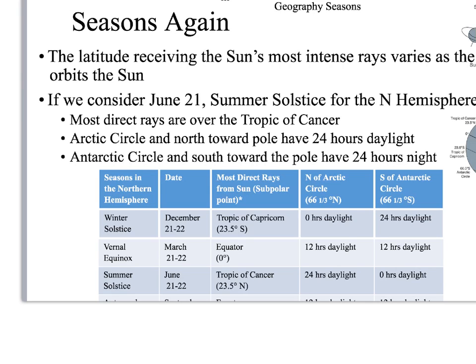So we have our winter solstice and our summer solstice 6 months apart, in December and June, and if you go anywhere between the 21st and 23rd, that would do it. Now the significance I also have on my sheet: for instance, during the winter solstice, if you are above the Arctic Circle, you're not going to have any daylight. In the summer solstice, you're going to have 24 hours of daylight. Of course, in the southern hemisphere, it's flipped. So I think that's what I mean by know the significance.